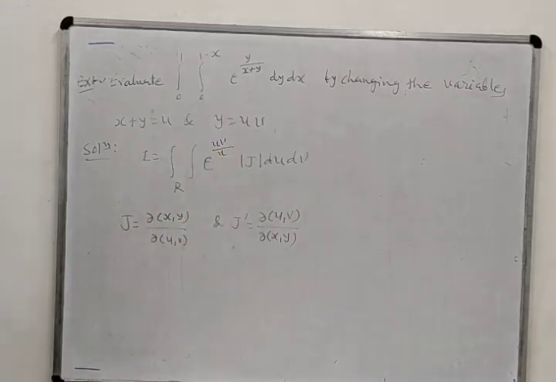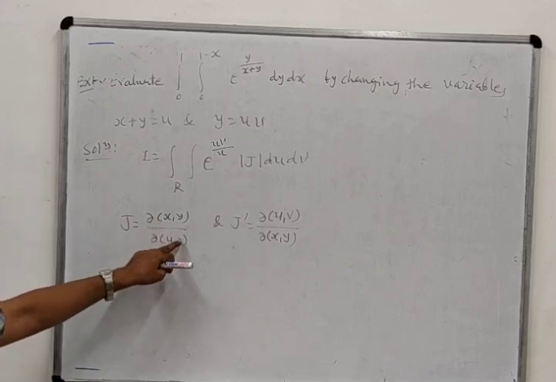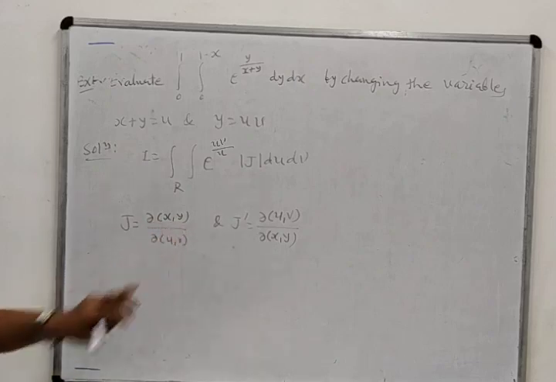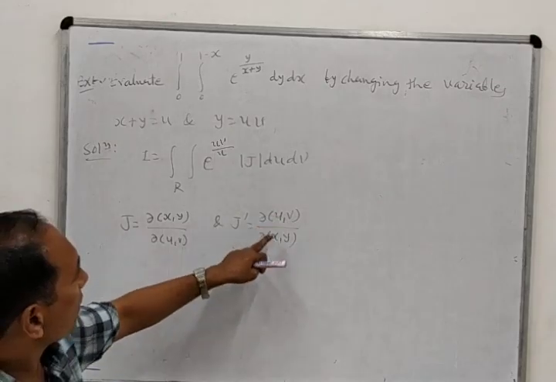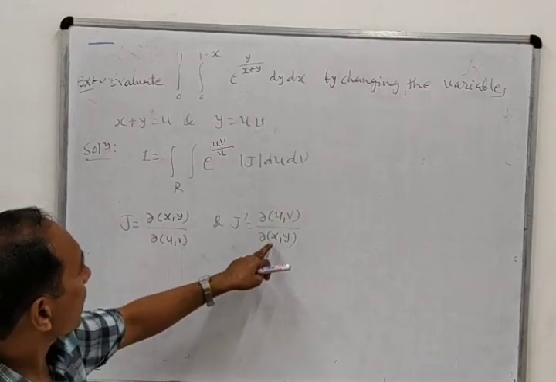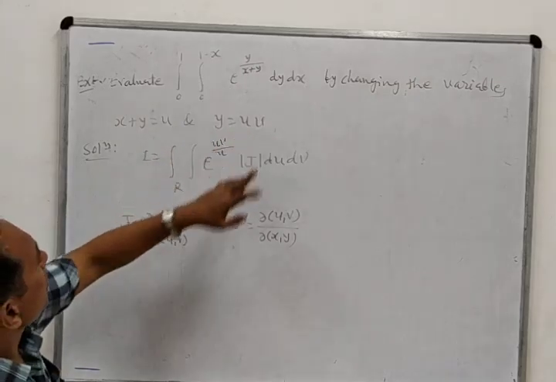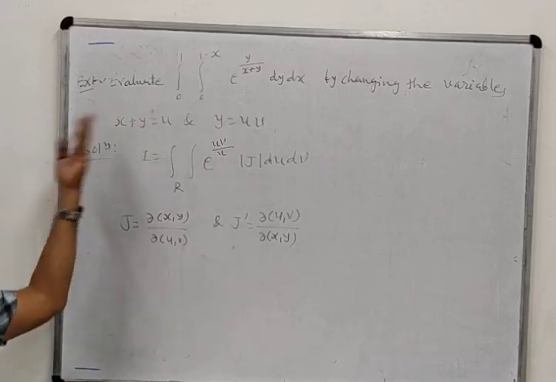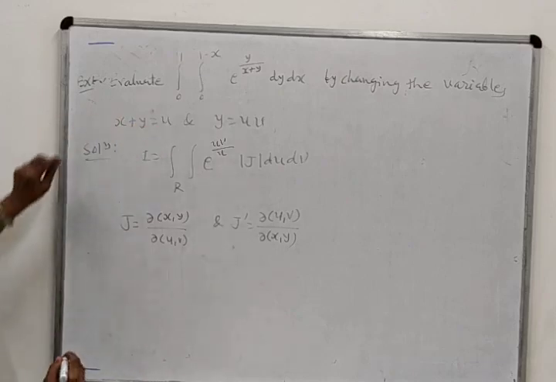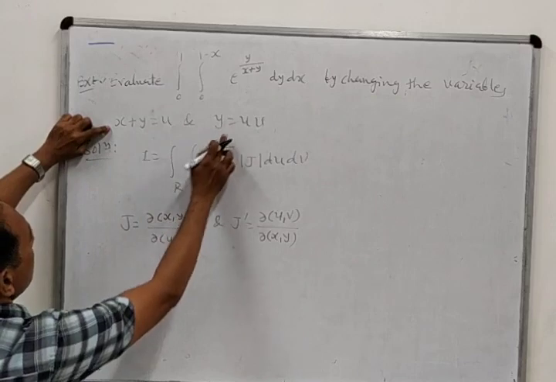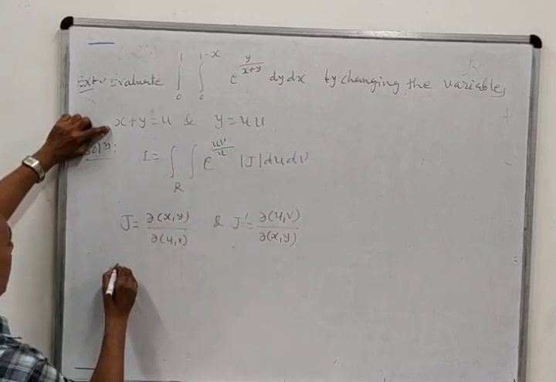So we will have to either convert x and y completely in terms of u and v, or u and v completely in terms of x and y. Y is given completely in terms of u and v. Similarly here u is completely given in terms of x and y. So we will mix these two equations.